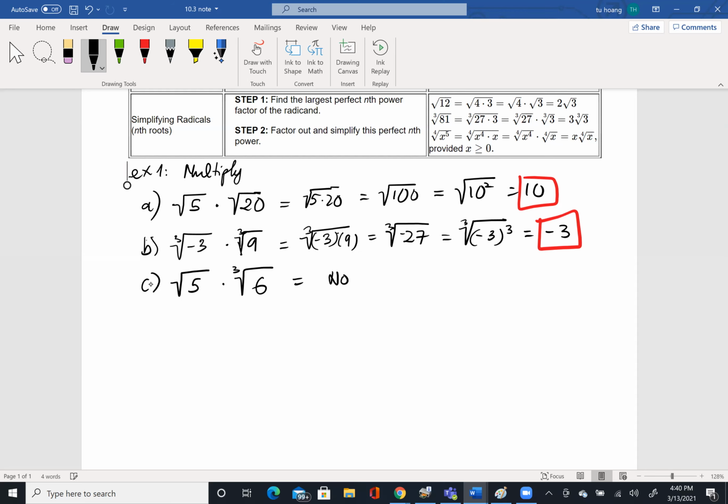No. I cannot do multiply because they don't have the same index. Okay. So that's the reason why you cannot do this one.